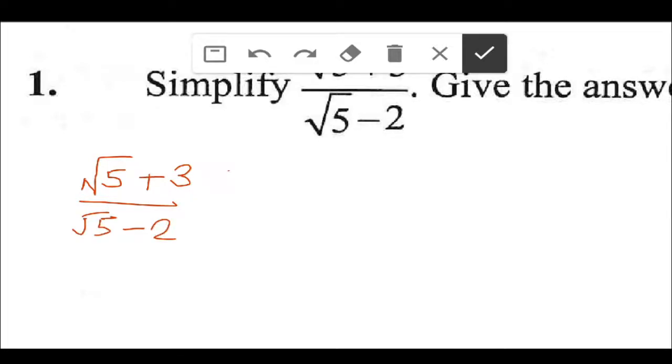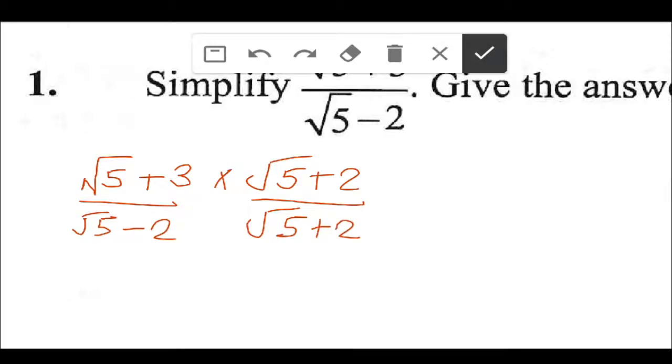Then we multiply up and down by the conjugate, which is root 5 plus 2. How do we know it's plus 2? Because we're considering that, which is minus. So you do that up and you also do it down. So we have ended up with this kind of a thing.